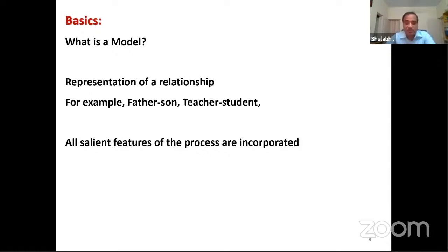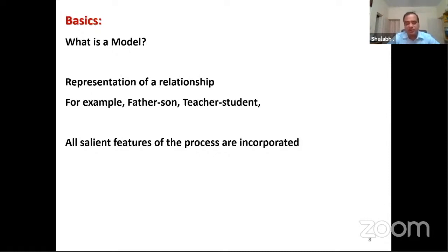So there are always some hidden characteristics which you like and want to follow. You are simply trying to imitate them, and that is how you come to a process where you want to find the relationship so that you can signify this model.